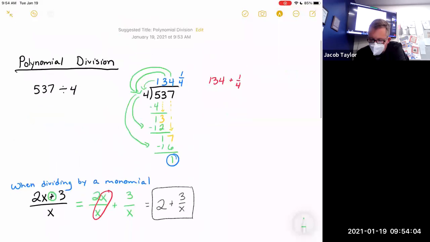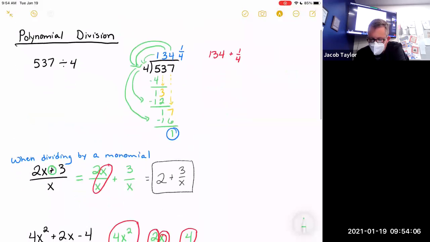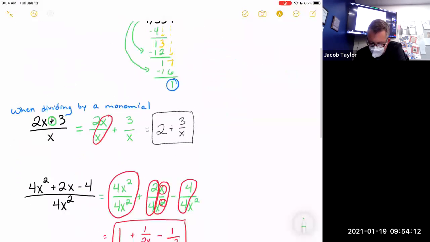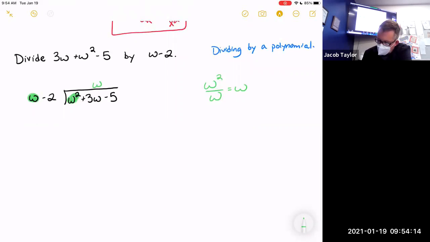Now, in our old school division problem, what was the next thing we did? Well, once we wrote the 1, the next thing we did was 1 times 4, which was 4. So we're going to do the same thing here. We're going to do w multiplied by w minus 2. Use the distributive property.